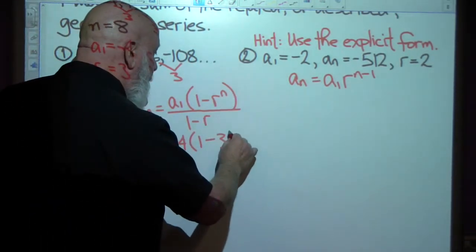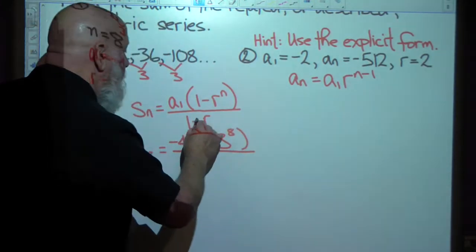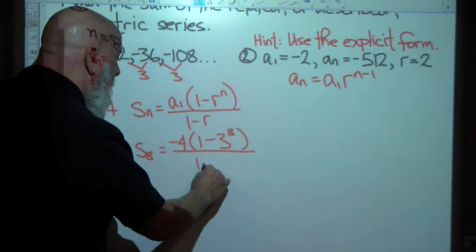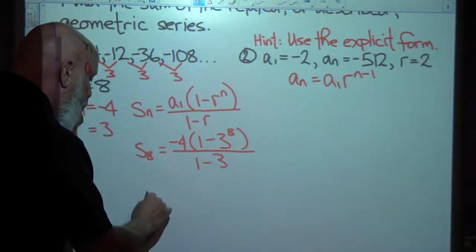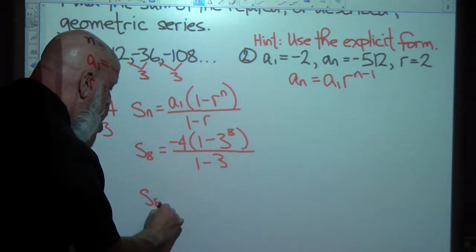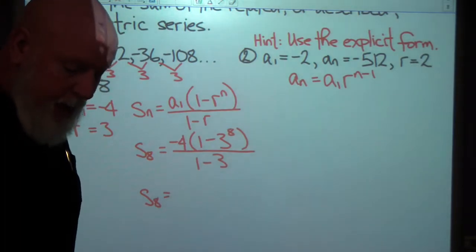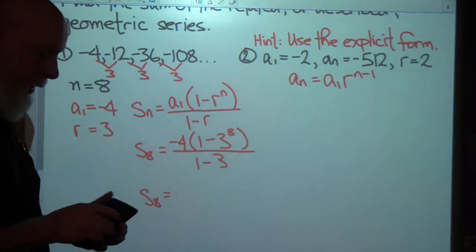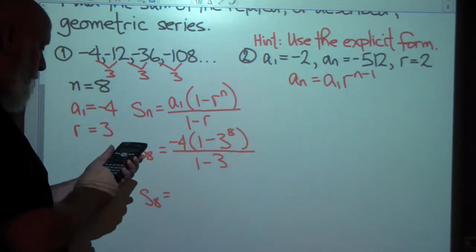So I'm going to plug that in right here. Divide this by 1 minus R, which is 1 minus 3. Then we perform these operations with our calculator, and hopefully we don't mess it up. And hopefully I plugged in everything correctly. If I didn't, I will be embarrassed. Here we go.